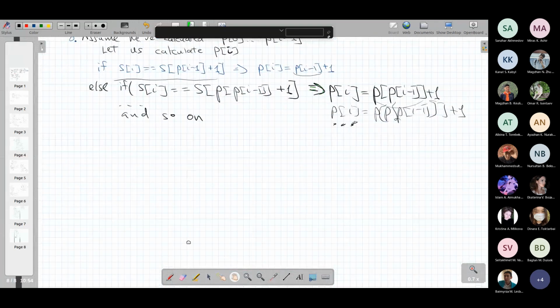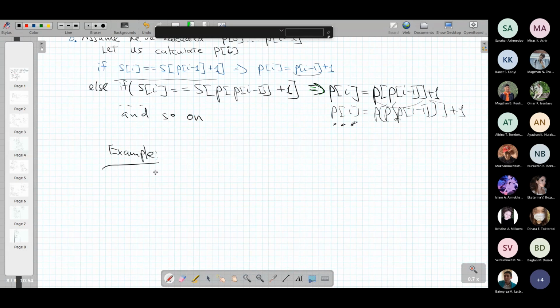So let us consider the example again. A, B, A, B, A, B, A, B, A, like this.